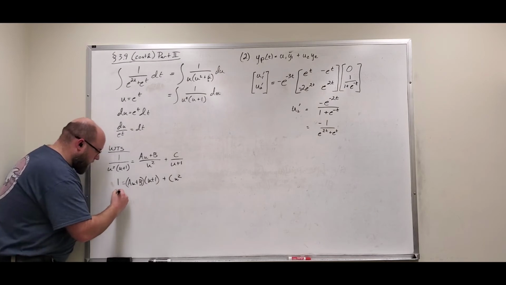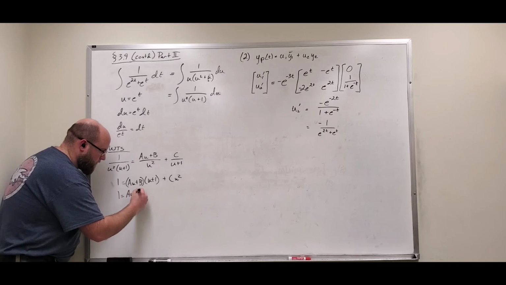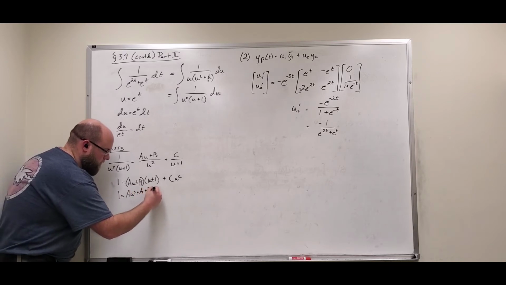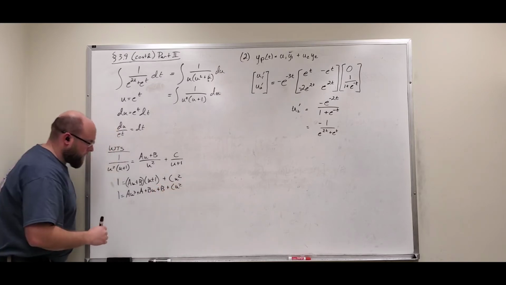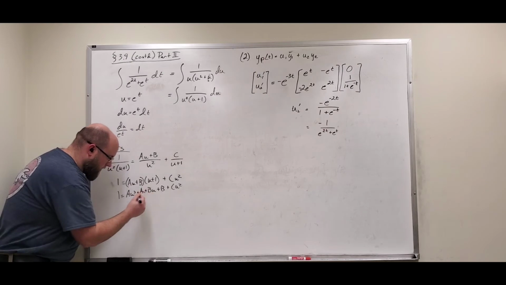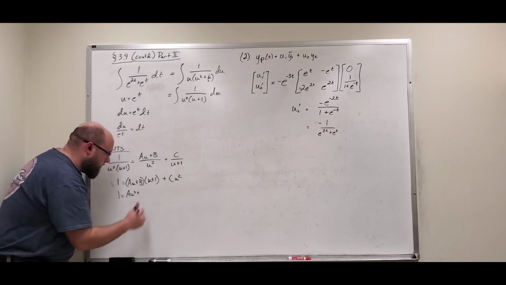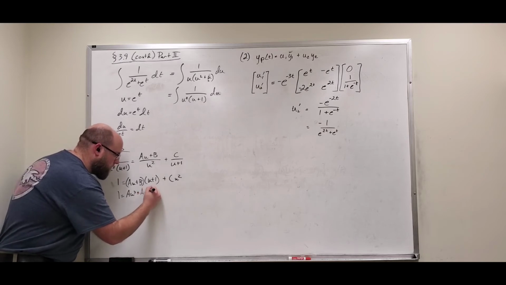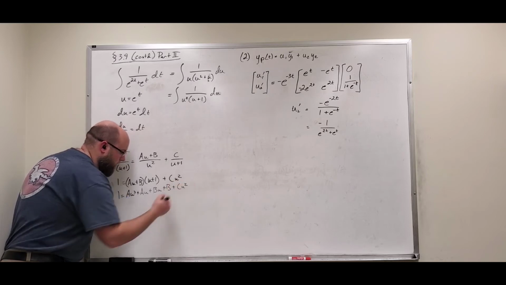So now I'm going to FOIL this out. Au times u is u squared. Au times, oh, there it is. So there's a little bit of an error that we're going to fix right now. So I get au squared plus au plus bu plus b plus cu squared.